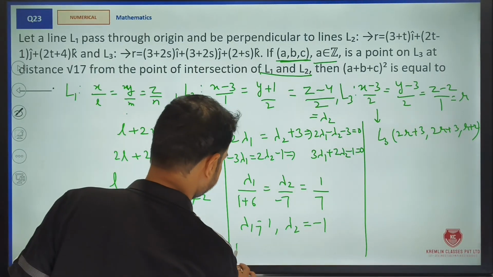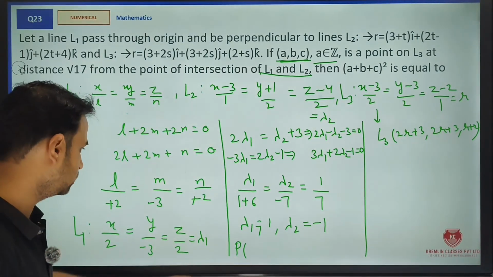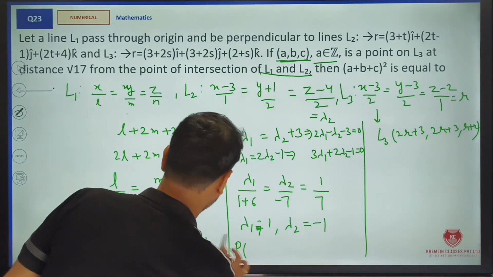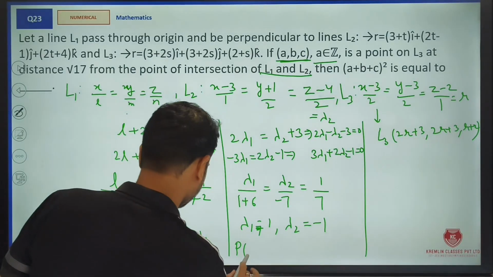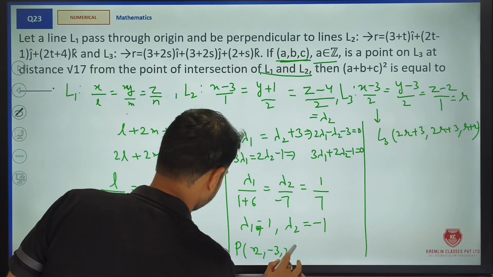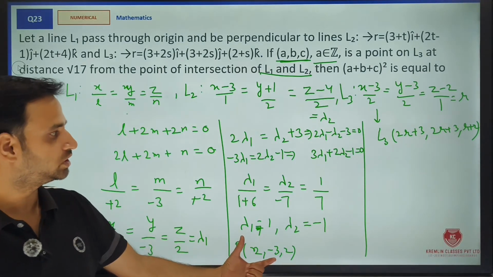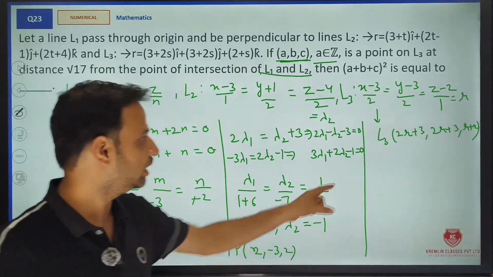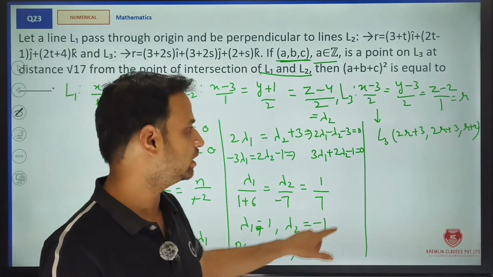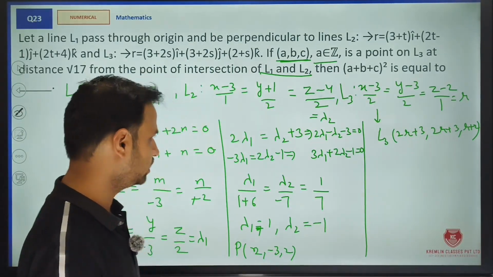The point of intersection P is given by putting lambda 1 equal to 1 here. When we put lambda 1 equal to 1, the point is (2, minus 3, 2). Okay, the point of intersection is this one, and the point on the line L3 is this. This point and this point are at a distance of root 17.